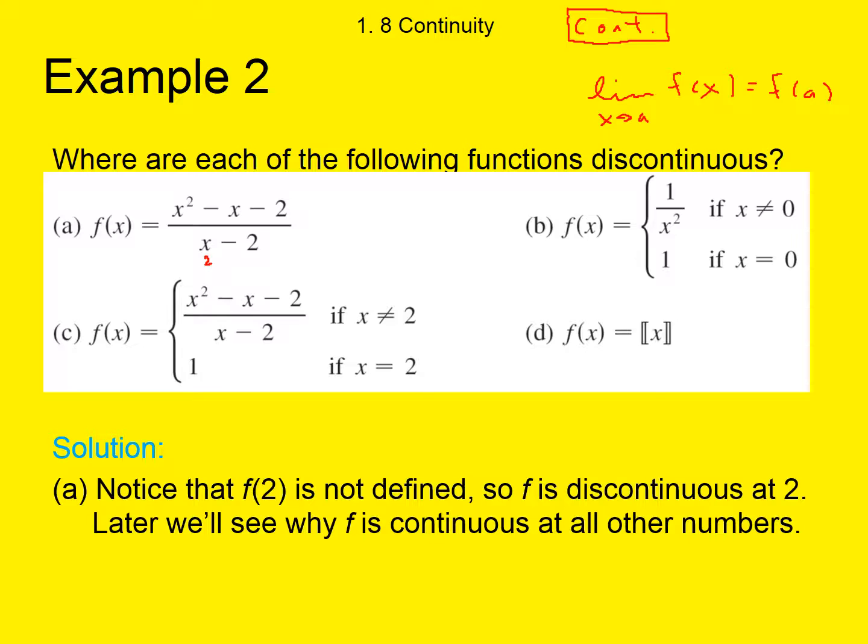There is no point 2 something on the graph of f of x, so this function is discontinuous at 2. That's the answer for part A. F is discontinuous at 2.